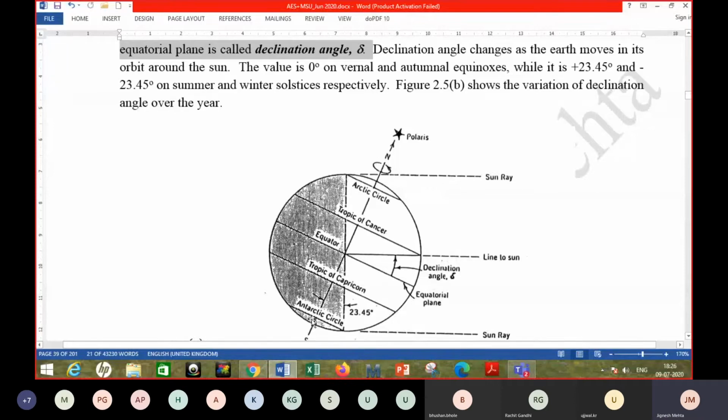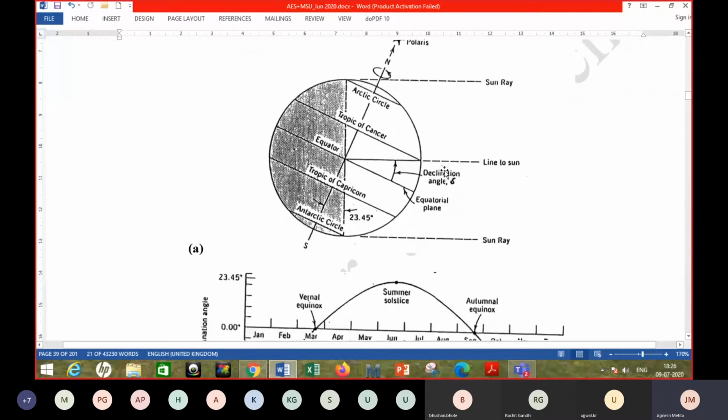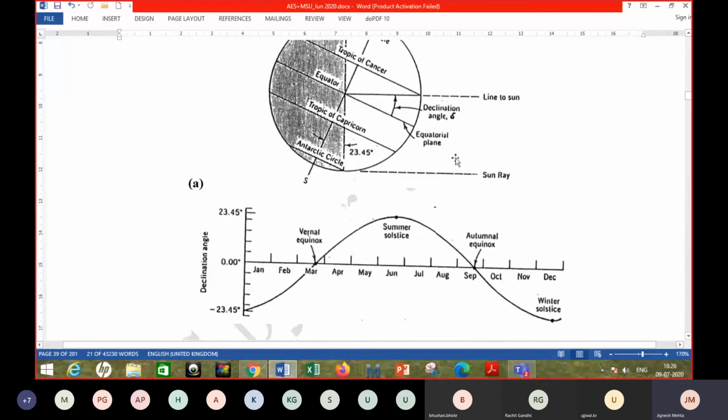While the tilt of the axis remains constant, the earth is revolving around the sun, so the sun ray doesn't make an equal angle all the time. The angle made on a given day is called the declination angle. How does this declination angle vary over the year? It is negative, minus 23.45 degrees, on the winter solstice, that is December 22.